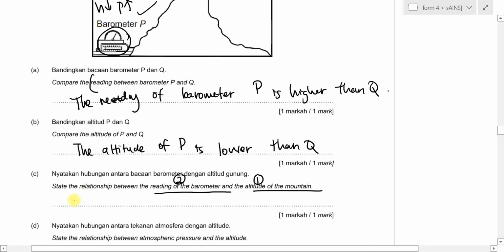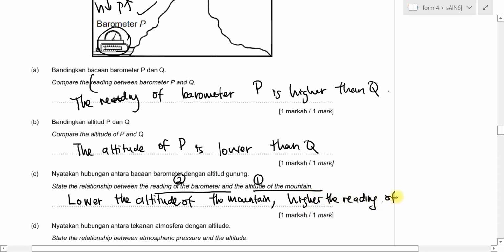So the lower the altitude of the mountain, the higher the reading of barometer.